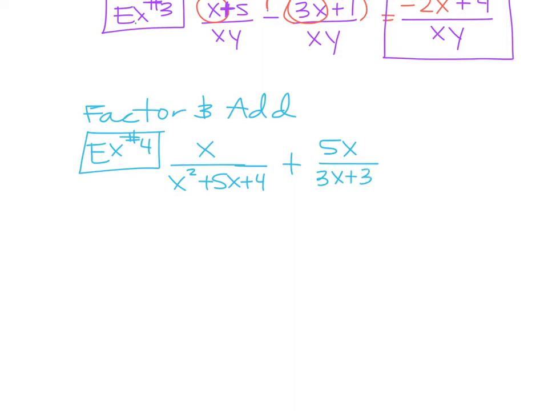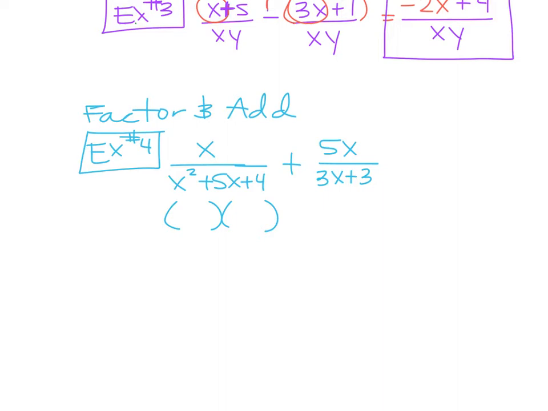Now, some of you on this last quiz had a tough time with factoring, with taking this x squared plus 5x plus 4 and turning it into the two binomials. If that is you, set up a time to sit down with me. I am happy to go over that. I wrote it on your quiz, so if you're not sure if it's you, look on your quiz and you'll see.